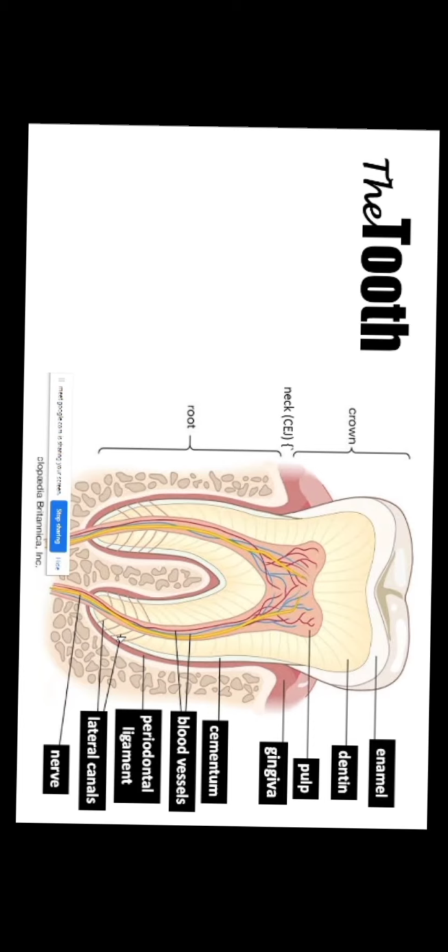That's why we try to lacerate and disrupt the connection so that we can extract the tooth. That's just one of the mechanics or ways on how to extract the tooth. But there's more in oral surgery. Then you have lateral canals, then you have the nerve.